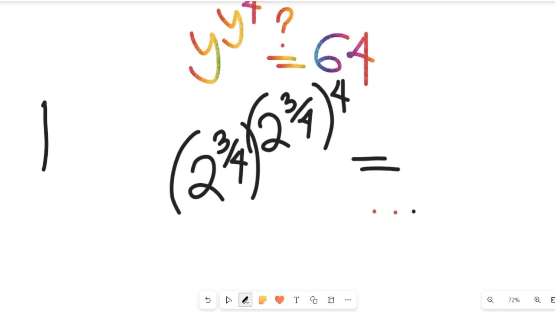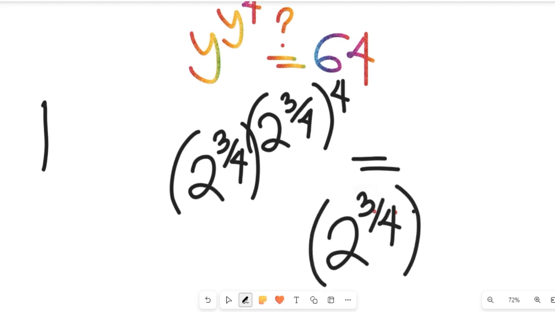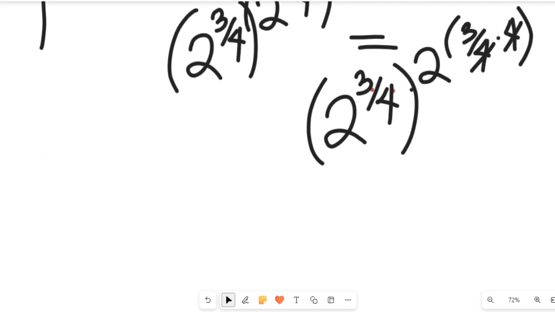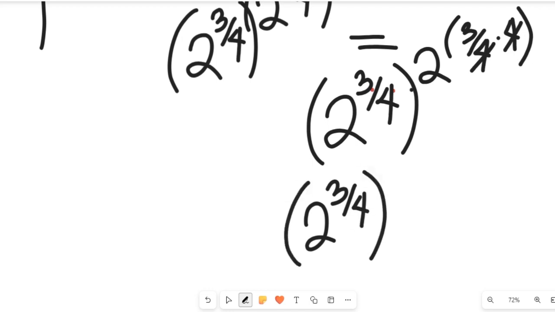So this will give us 2 to the power of 3 divided by 4, all to the power of 2 to the power of 3 divided by 4 multiplied by 4, and this will give us 2 to the power of 3.